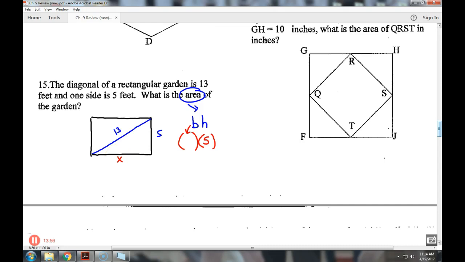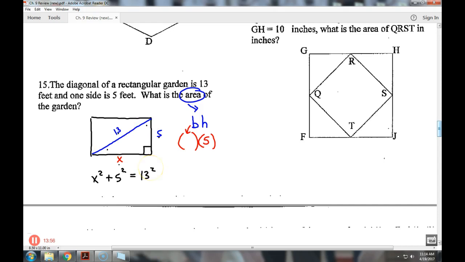Since it's a rectangle, I do have a right triangle. And whenever you know 2 out of 3 sides on a right triangle, I can use Pythagorean Theorem. Now I heard some kids saying, let's use trig. Unfortunately, I don't know these angles, and I have to have one of those angles to use trig, so trig's not available here.